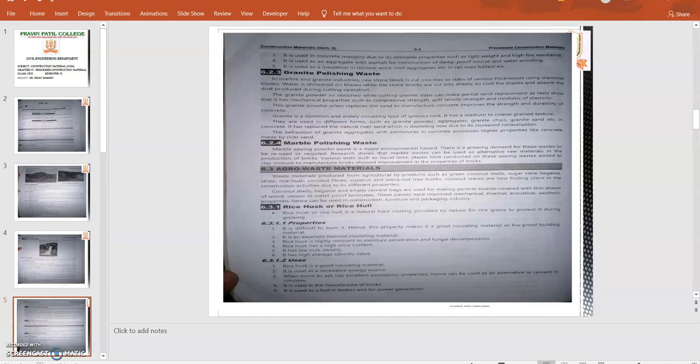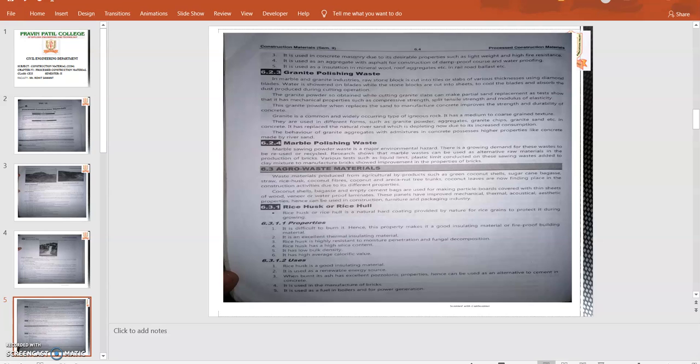Then water is showered on the blade while the stone blocks are cut into sheets, to cool the blades and absorb the dust produced during the cutting operation. So granite polishing waste is nothing but the waste produced during the cutting of desired shapes and sizes of the blocks. That cutting material is called granite polishing waste.